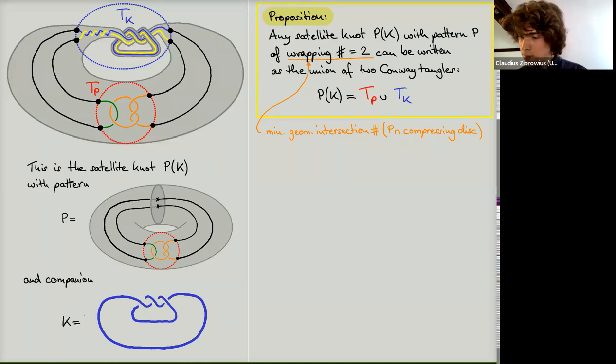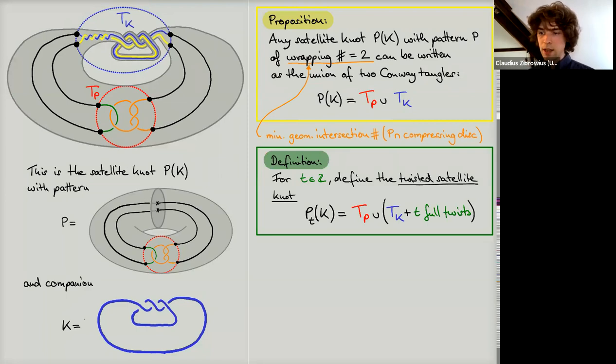Okay, and I can generalize this construction a bit. I get the twisted satellite knots by taking the original pattern tangle and companion tangle, and then adding some number of full twists before I glue them together. In this way, I define the T-twisted satellite knot P_T(K).